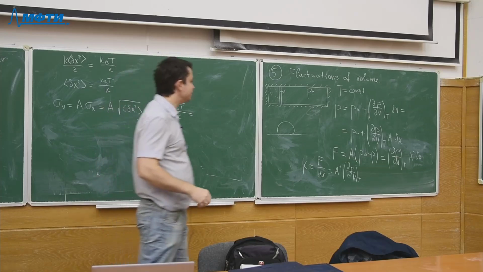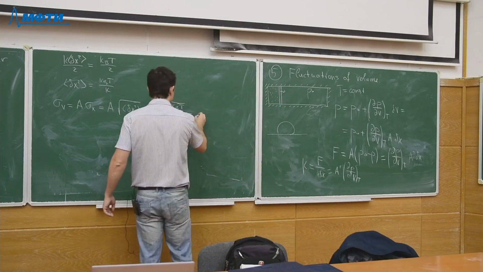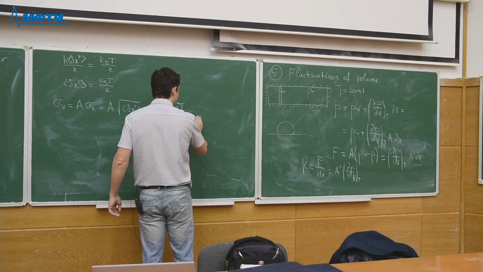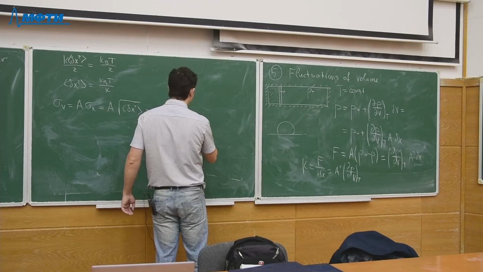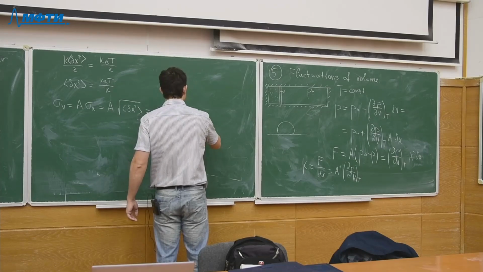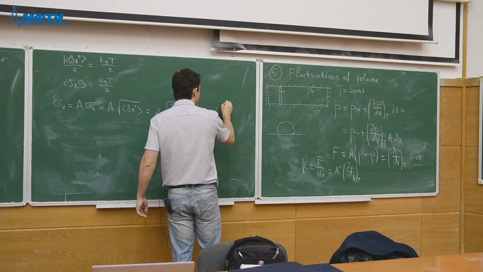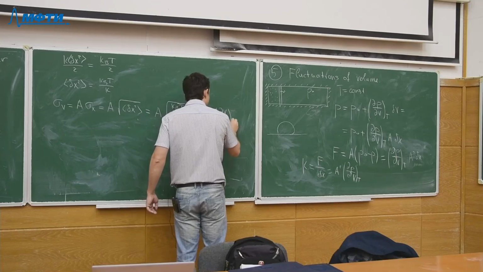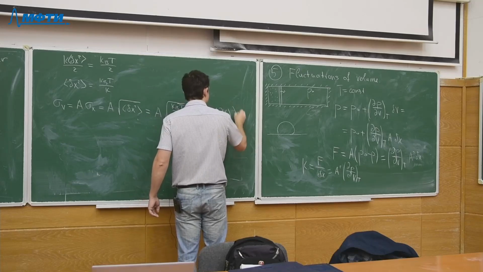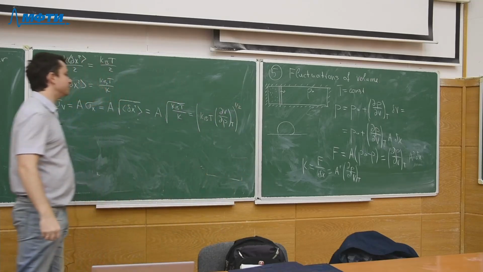and that gives me, A over A is eliminated from here, so that gives me kBT multiplied by dV over dP at the constant temperature, and all of that to the power of 1 over 2.